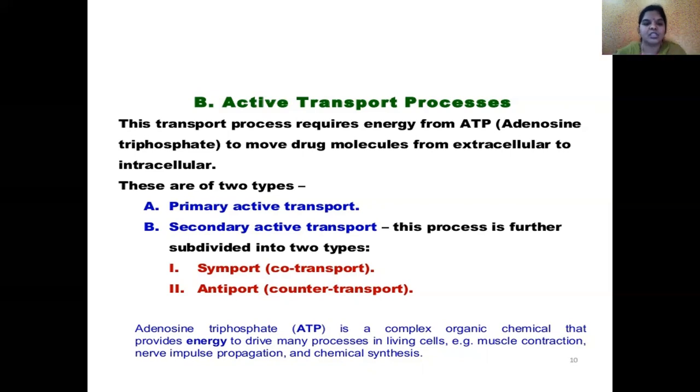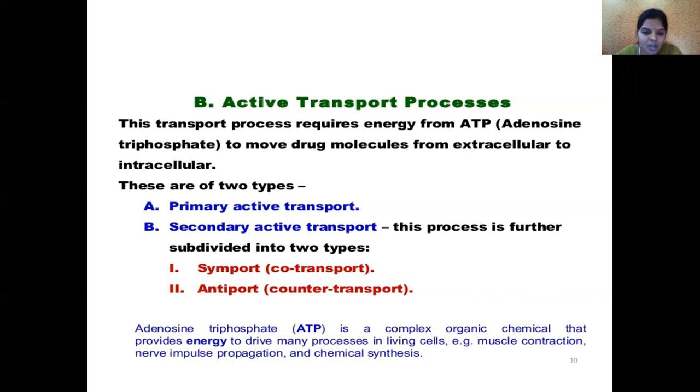Symport and antiport. Adenosine triphosphate is a complex organic chemical that provides energy to drive many processes in living cells.